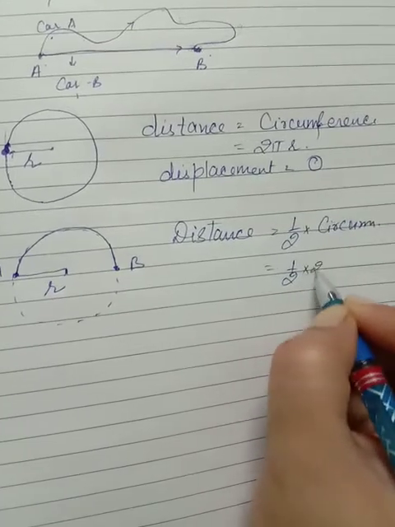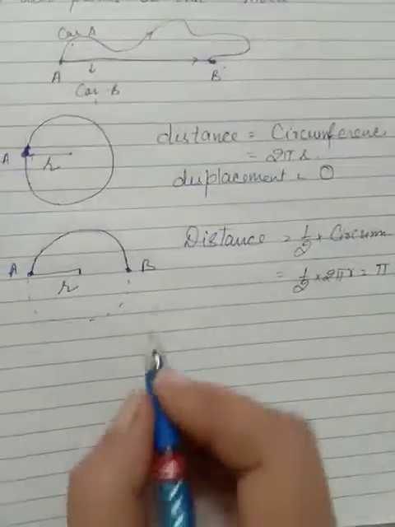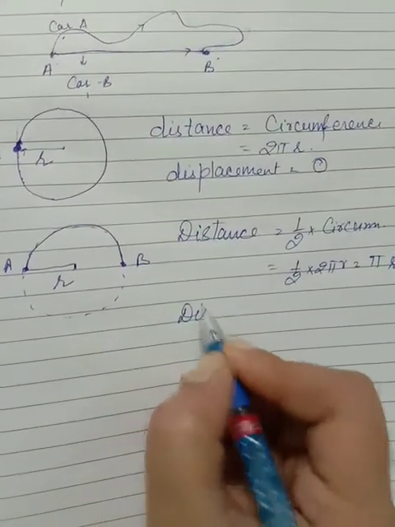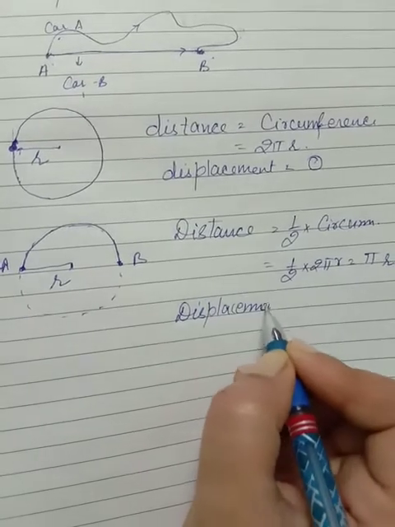Half of 2 pi r, so we can say it to be pi r. And if anybody asks you how much is the displacement, how will you find out displacement?